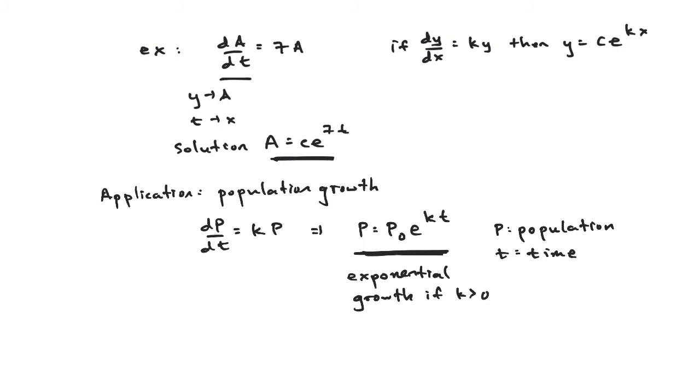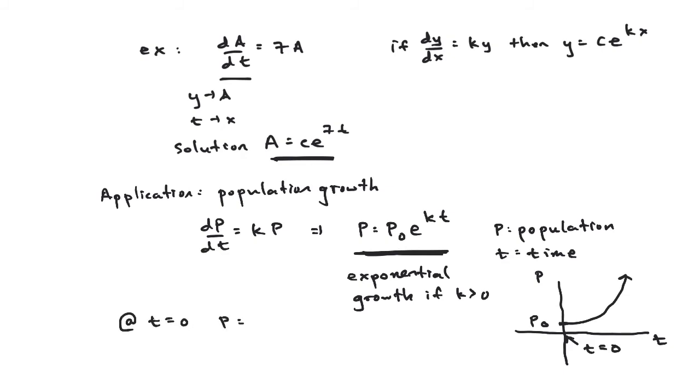Okay, and in this case, our graph of this would look something like this, if t is greater than 0. So right here, if this is t and this is our population, then when t is equal to 0, we have some value that is going to be p0, because at t is equal to 0, I can say that p is equal to p naught e to the k times 0, which is p naught times 1, which is p naught.